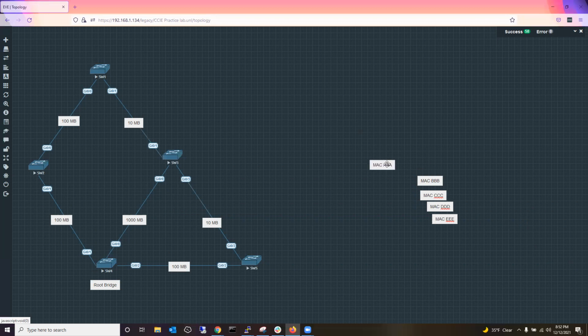But like I was saying, there's an order of operations for how the root bridge is selected. It goes down a list and checks various things, and if everything is equal, there's a tiebreaker of some sort.